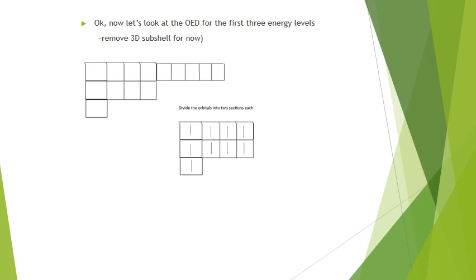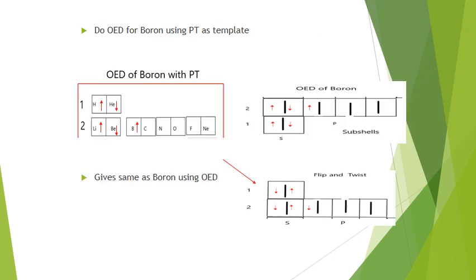So you can put it up here and down here, up, down, up, down, up, up, up, and so forth. So energy level 1, 2, and 3, s subshell, p subshell, and there are 3 orbitals. Each one can put 2 electrons. Okay, so what we have is this.